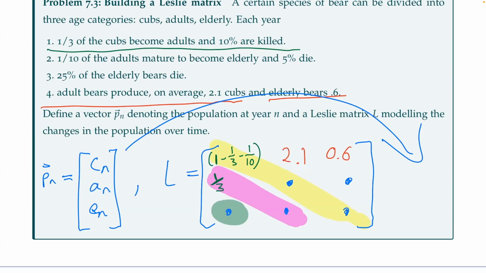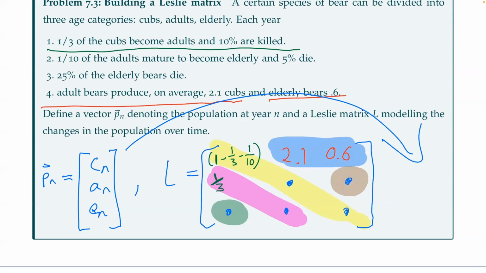Likewise, this element here gets multiplied by En to give us something in Cn plus 1. So in both of these cases, we have births. That's the biological interpretation: the rest of that first row above the main diagonal is going to be births.